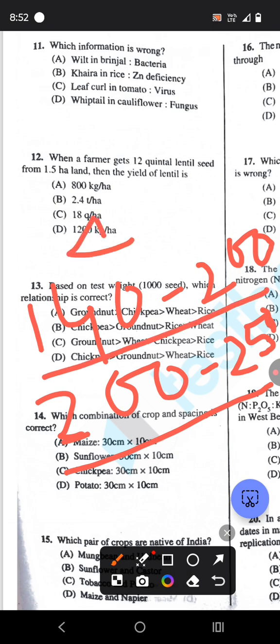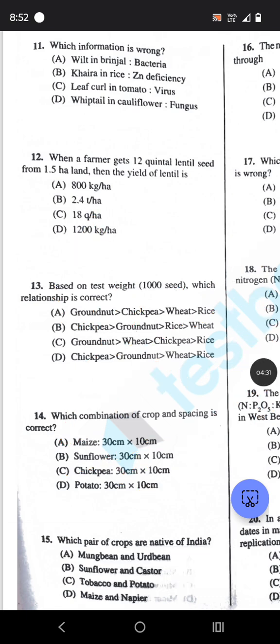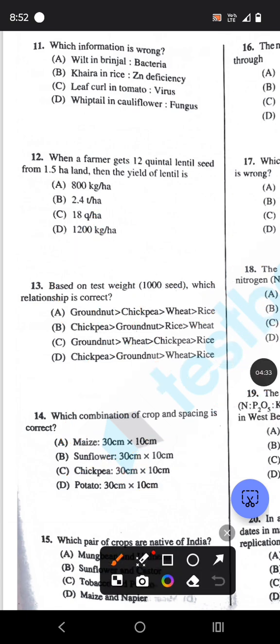For wheat it is 40 gram. And for rice it is 25 gram. Arranging this data, we get the answer option A, groundnut, chickpea, wheat and rice.